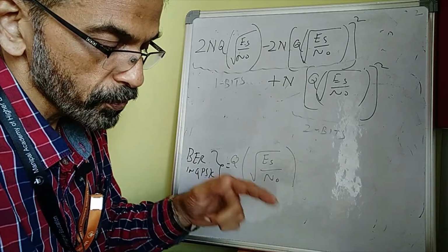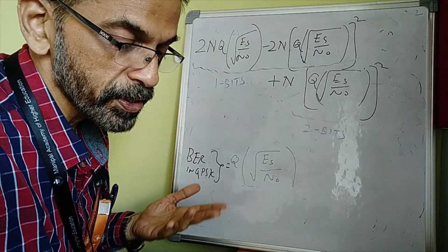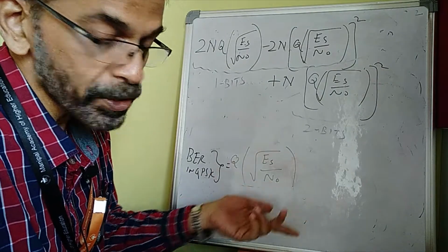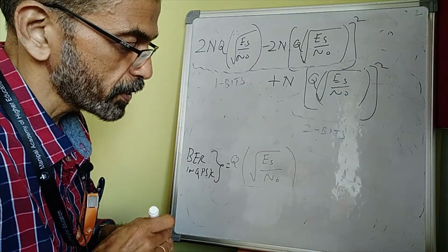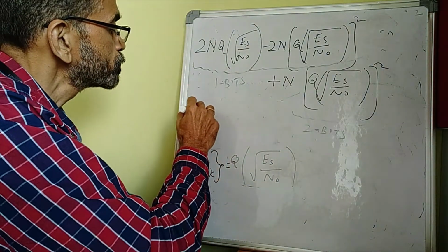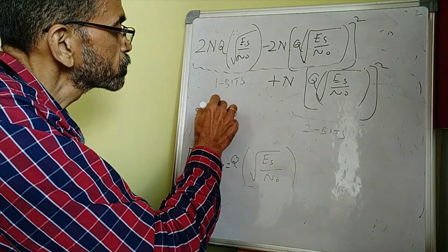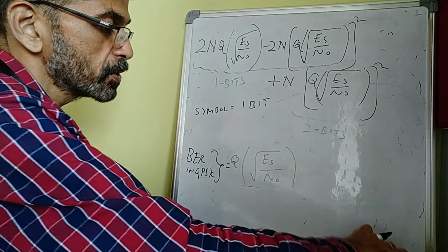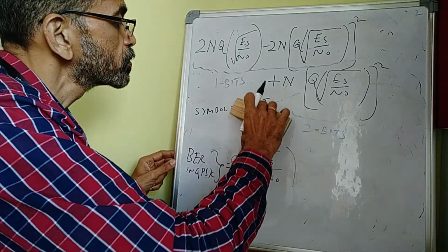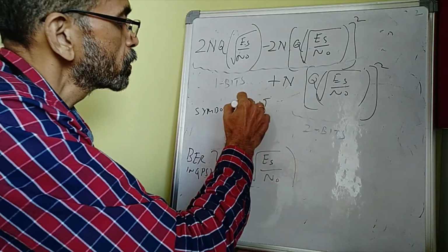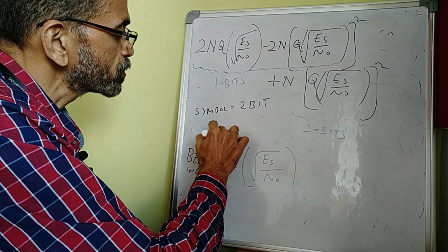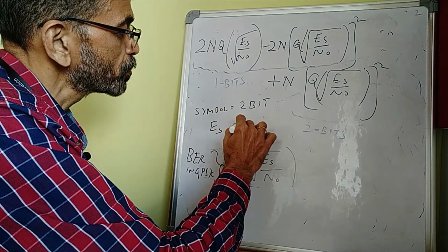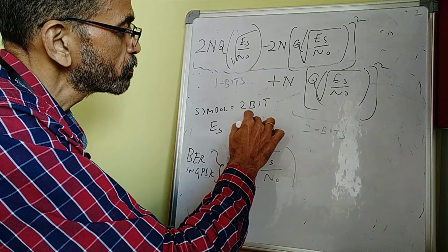So first part of it we have saw, determine the bit error rate in QPSK, and relate it to the bit energy. Now we note that a symbol is equal to 1 bit, sorry, 2 bits. A symbol is made up of 2 bits. So this is the symbol energy. So one symbol energy is equal to the energy of 2 bits.